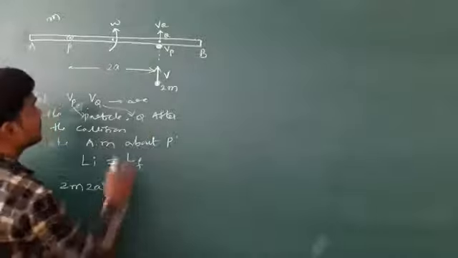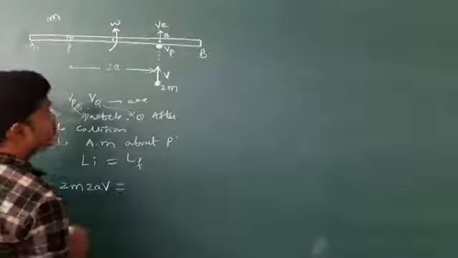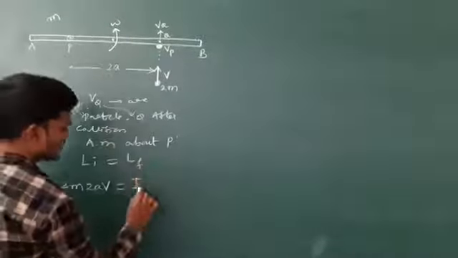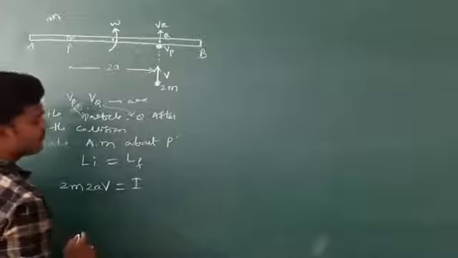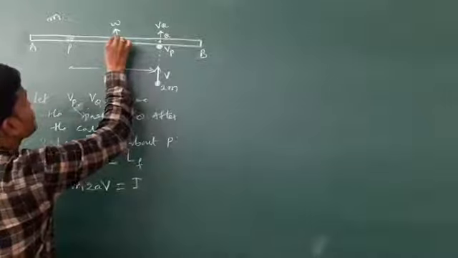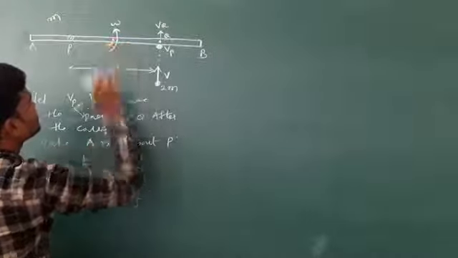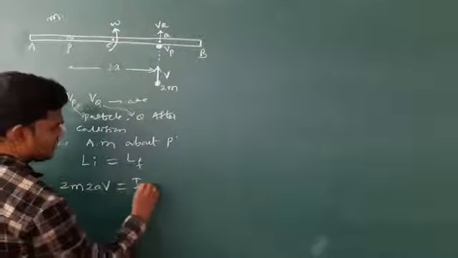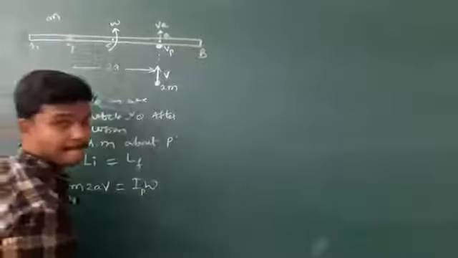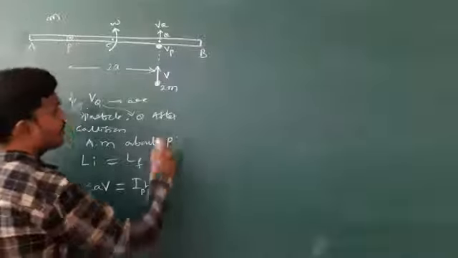The initial angular momentum of the particle about this point P is equivalent to, the rod is rotating with angular speed omega, so there will be a moment of inertia about point P, and let us suppose C is the center of mass. This is I omega, where I is the moment of inertia about point P.